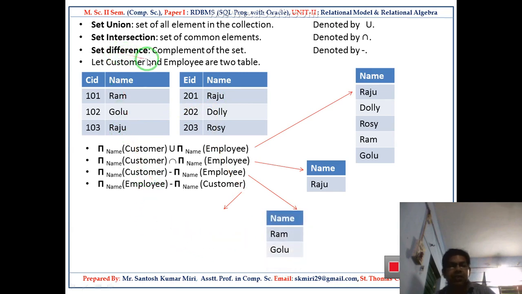The set difference operation represents those names which are available in the first table but not in the second table. So the names are Ram and Golu. Ram and Golu are presented, but Raju is present in the second table also, so it is left.